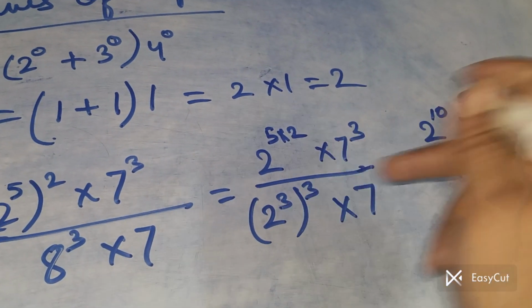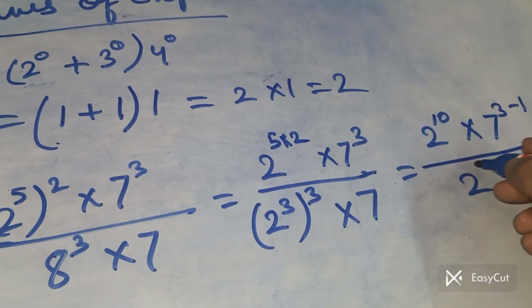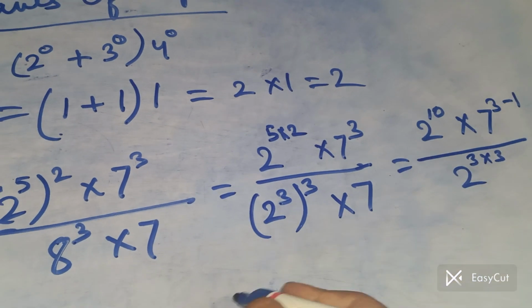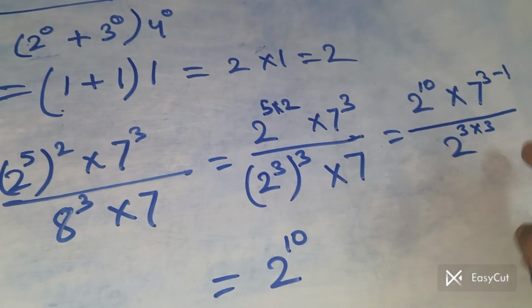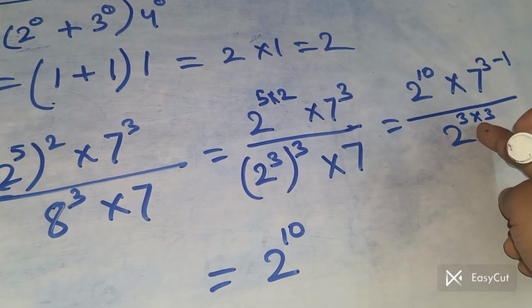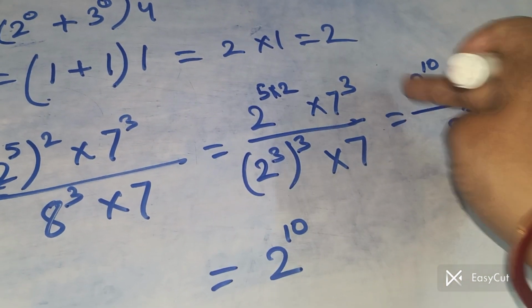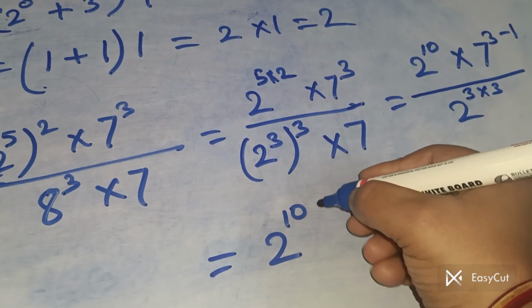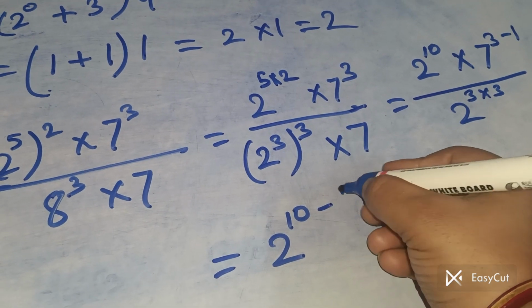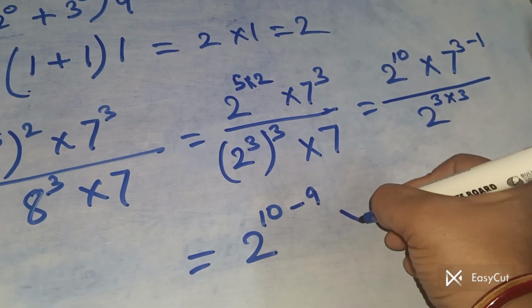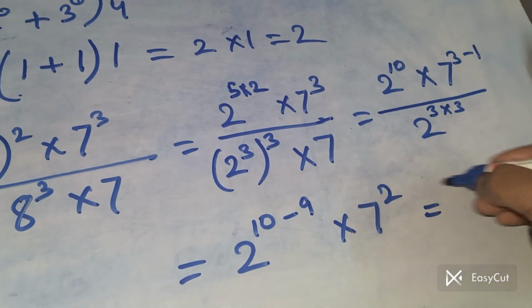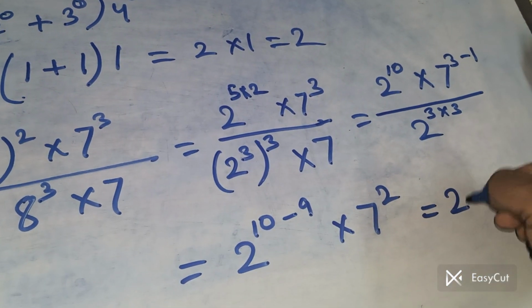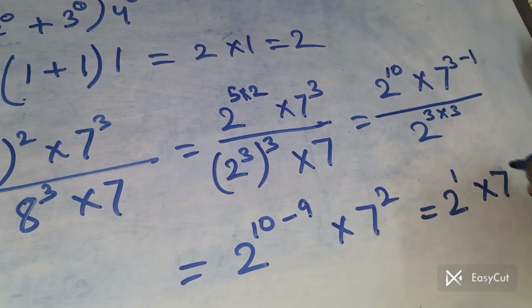And here it will be 2 to the power 3 into 3. So we will write it as 2 to the power 10. See, here it is 3 into 3, 9 it will be. And they are in the division form, so here the power will be subtracted. 10 minus 9. And into 7 to the power 3 minus 1 means 2. So 2 to the power 10 minus 9 is 2 to the power 1 into 7 square.